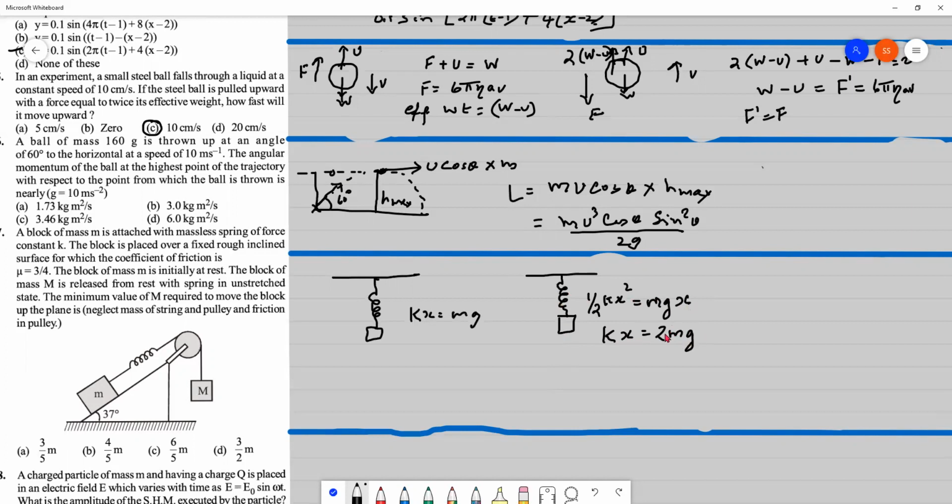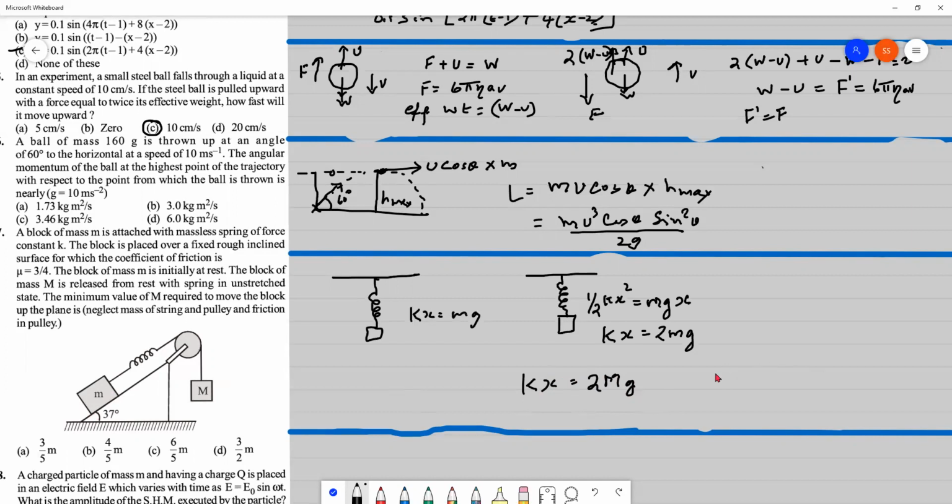I will use capital M, for this case it is capital M here. You are releasing this one. So for this question, kx will be equal to 2 capital M g. This is the first equation because this is released.